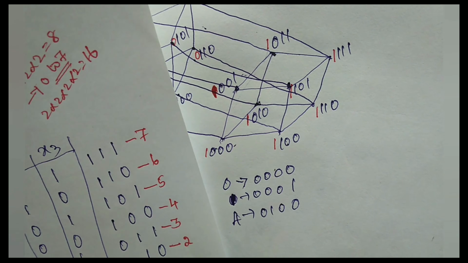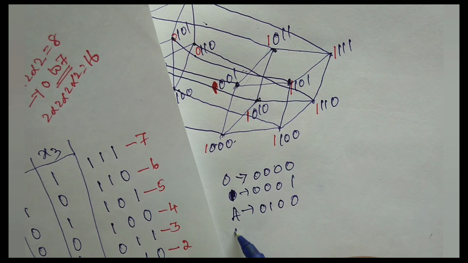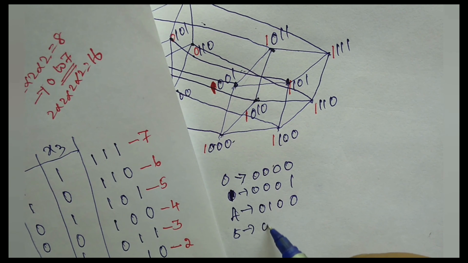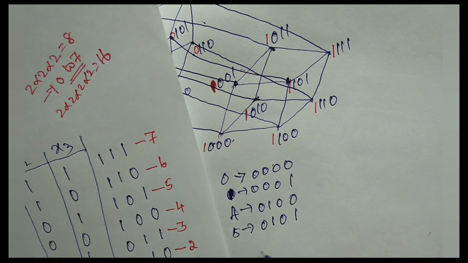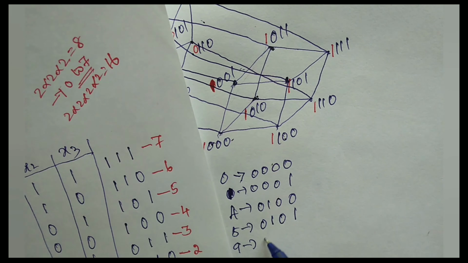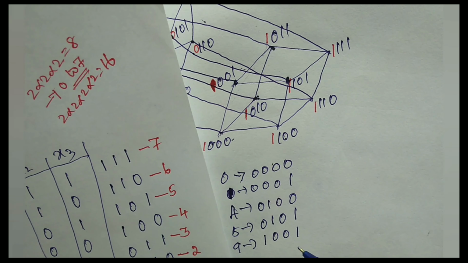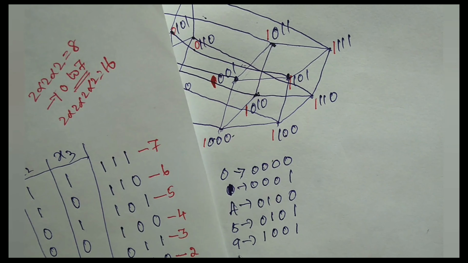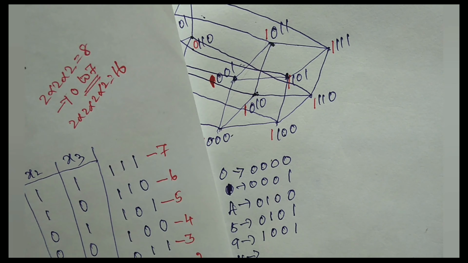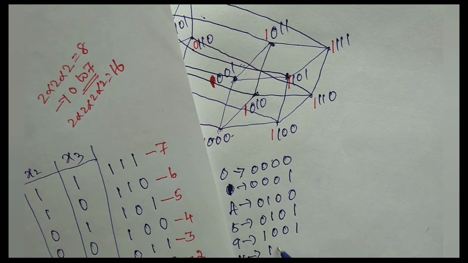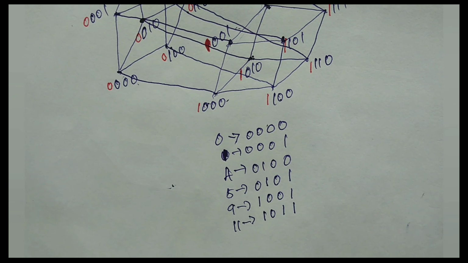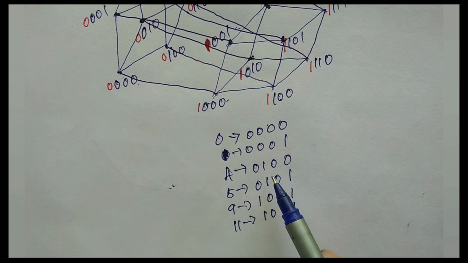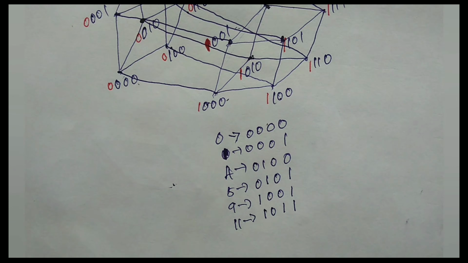Then 5 is 0, 1, 0, 1. Then 9 is 1, 0, 0, 1. Then 11, that is 1, 0, 1, 1. So these are the required coordinates corresponding to the given numbers.